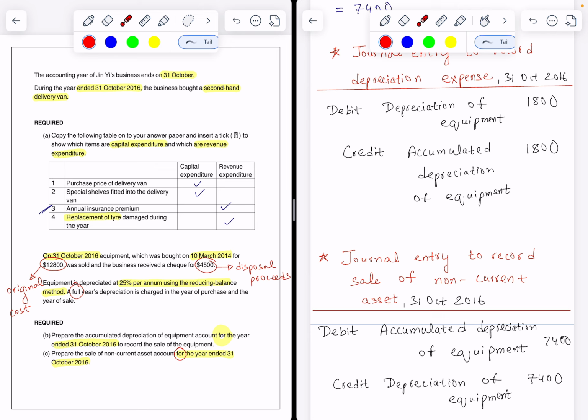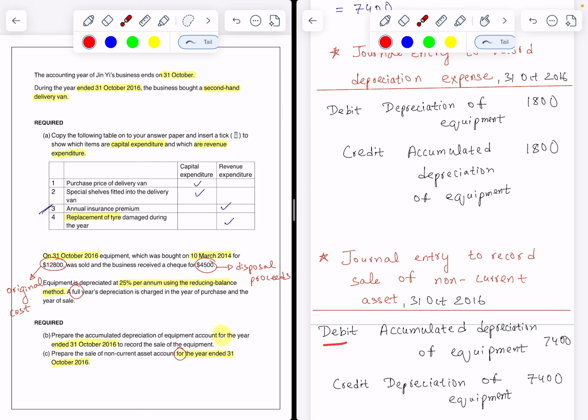We understand, based on our discussion a while ago, that whenever accumulated depreciation increases, we credit it, right? But now that we are selling this asset, we no longer have the accumulated depreciation for the specific equipment in our books, right? So therefore, now we have to reduce the accumulated depreciation, which means now we have to debit it when we are selling this asset.